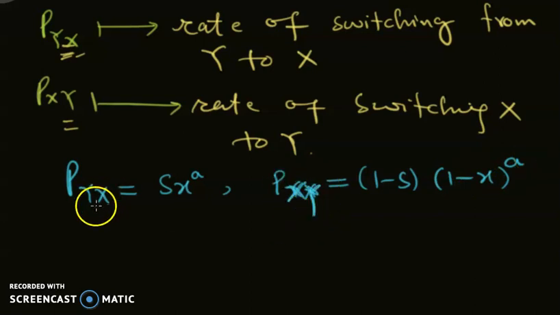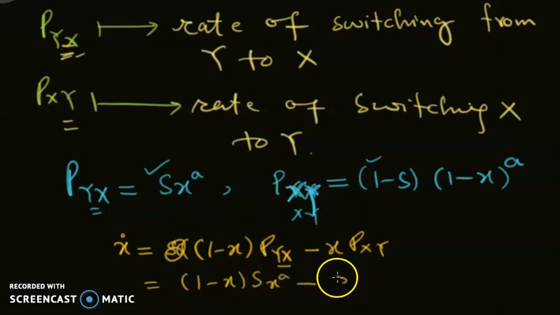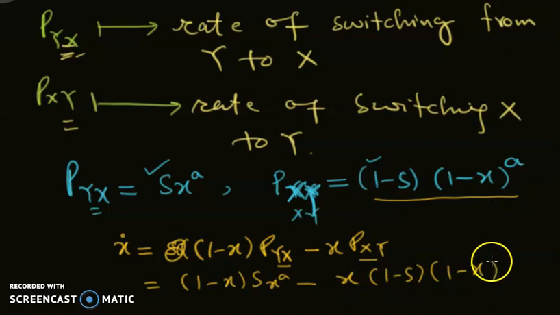If I substitute both values in the original evolution equation, then x dot equals (1 minus x) times P_yx minus x times P_xy.